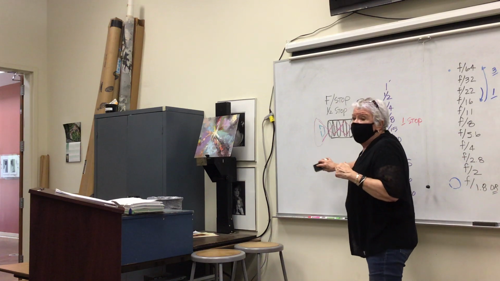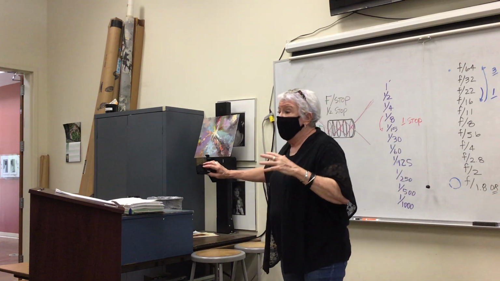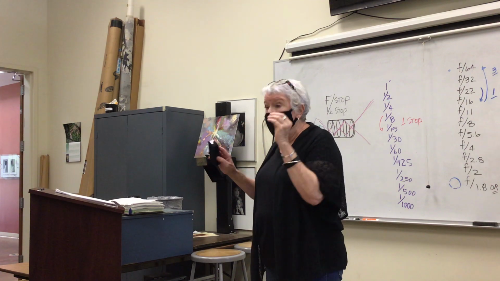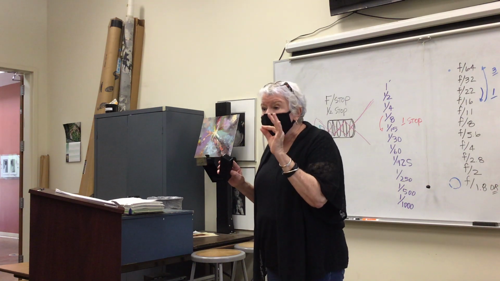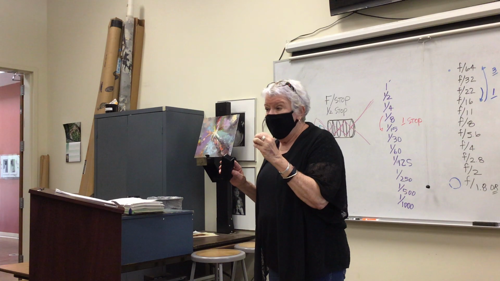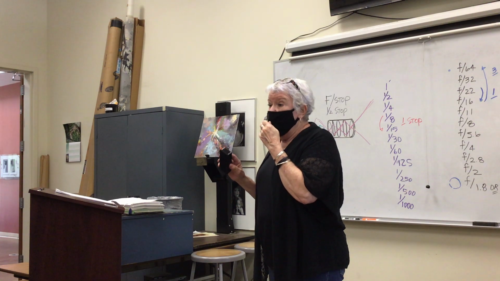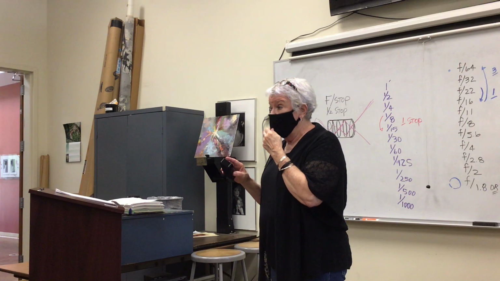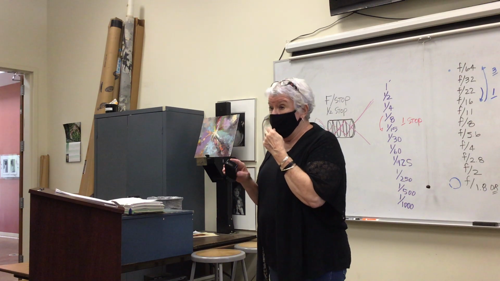That's why when you buy a lens, you want to make sure that it's a good quality lens, that it has all of these elements of glass inside. And this is why, when you buy a camera lens, you want to spend some money.